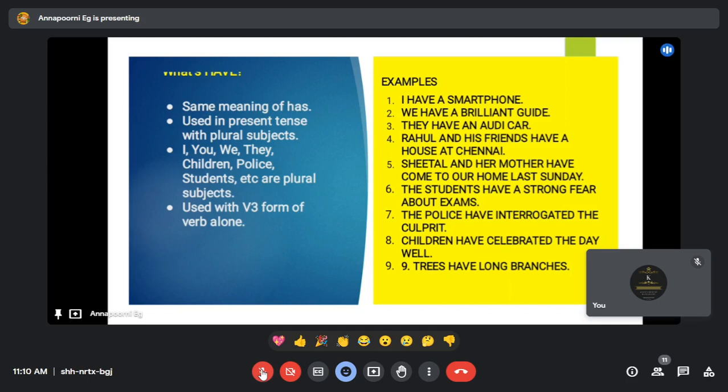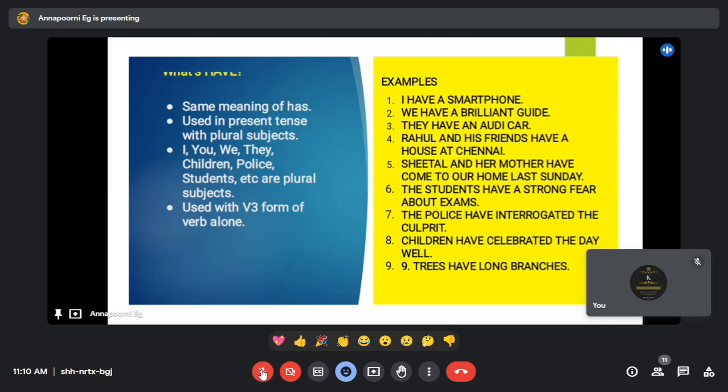As I said, there will be some sentences where helping verb and main verb will come together. So in the 5th sentence you can see Sheetal and her mother. It is a plural subject, because there are two people. Sheetal and her mother have come to our home last Sunday.